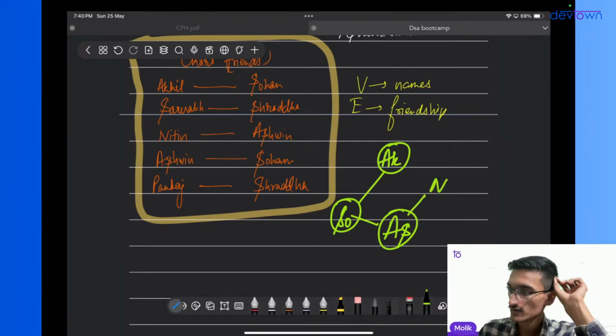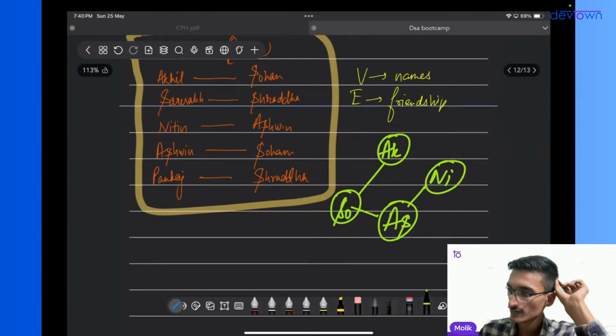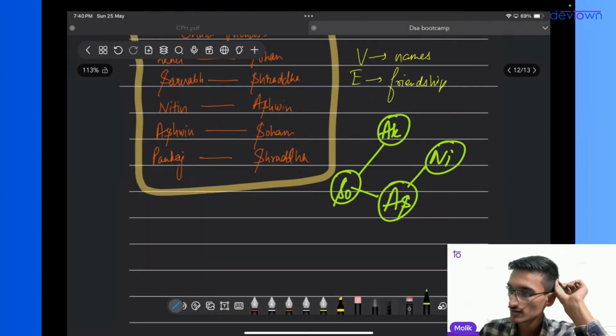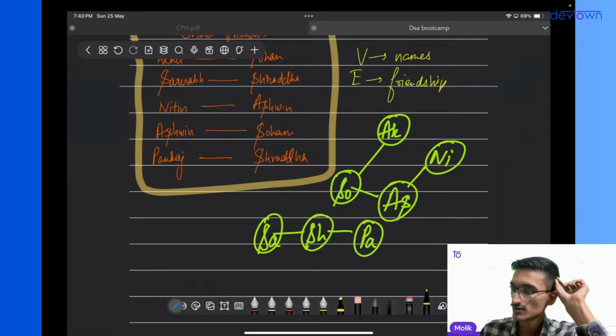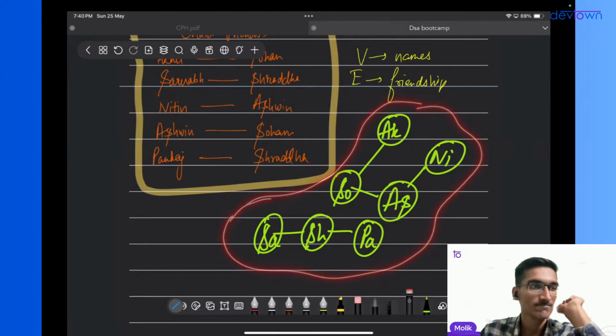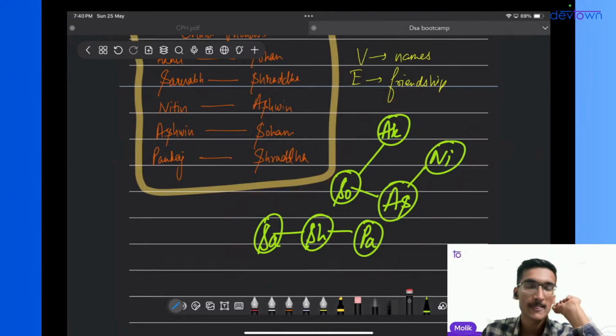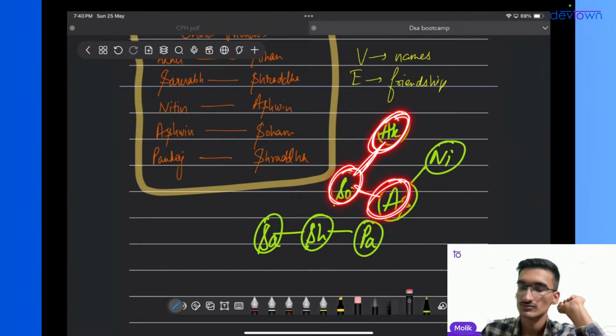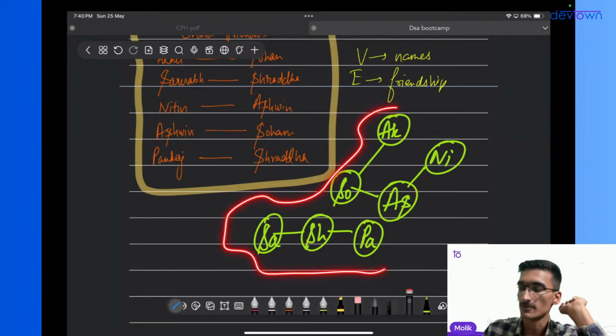Which one is friends with Bitcoin? Or is friends with Satan? So this will be the graph representation, right? This means these two entities are friends. Simply, we created a graph representation of this.